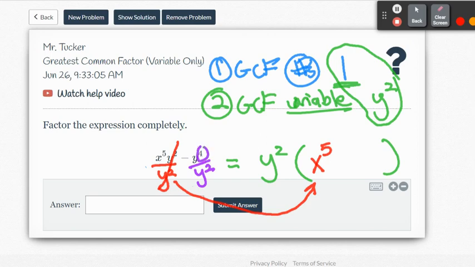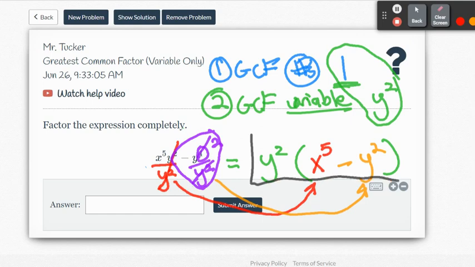So this 4, I subtract 2 of them. So then I'm left with 2. So this is just a negative y squared after factoring out my y squared. And I haven't mentioned so far, but you can always distribute your y squared and double check that that would give you what you started with. But this is the result of my factoring: y squared times x to the 5th minus y squared.